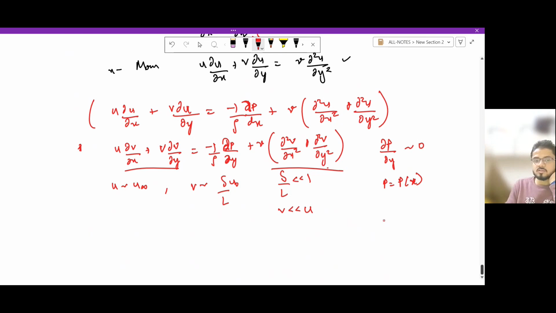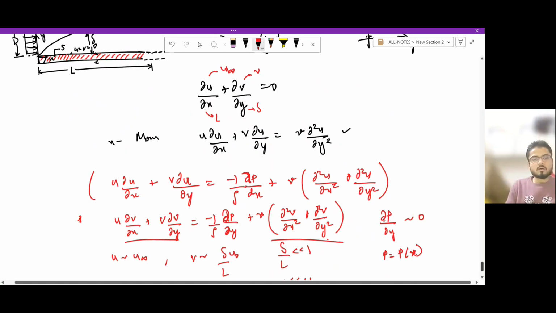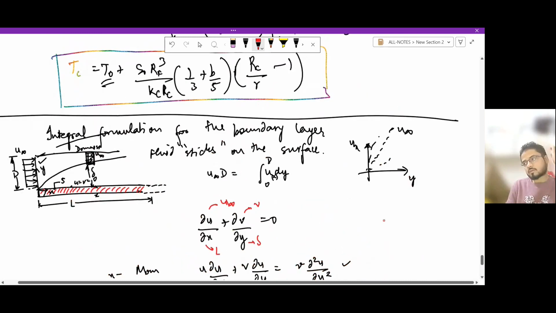Since for y greater than delta you have an inviscid flow, we could see this right here, that the boundary layer effects, the viscous effects, are negligible after y equals delta.